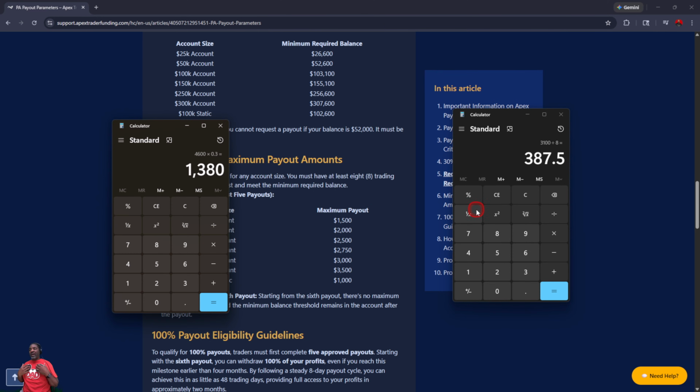Now, the reason why I don't recommend trying to hit 1380 as your biggest day is because you got to have 8 trading days.